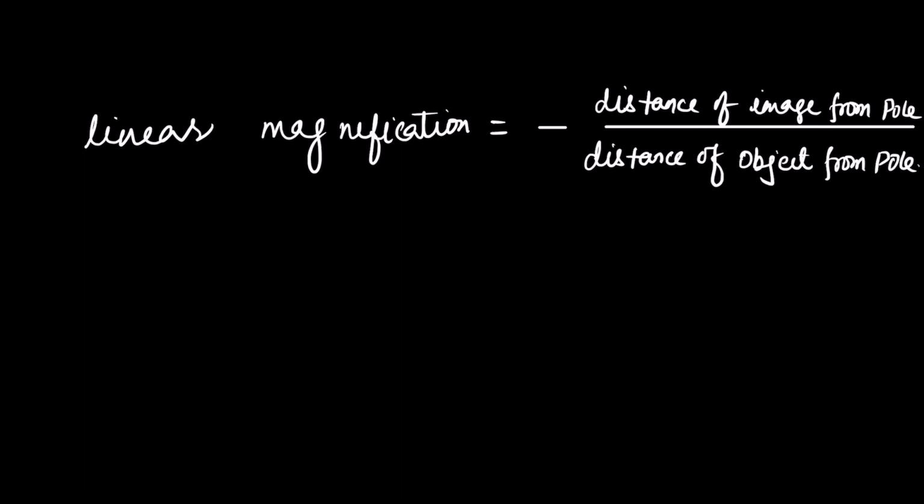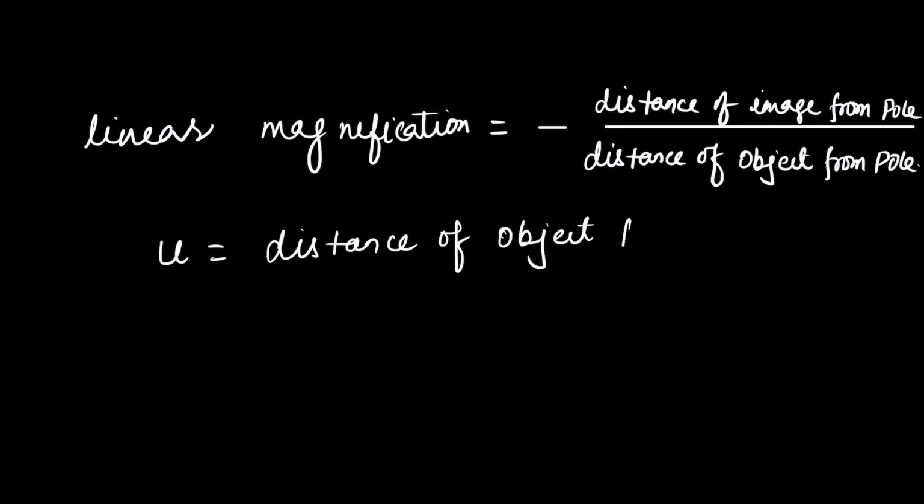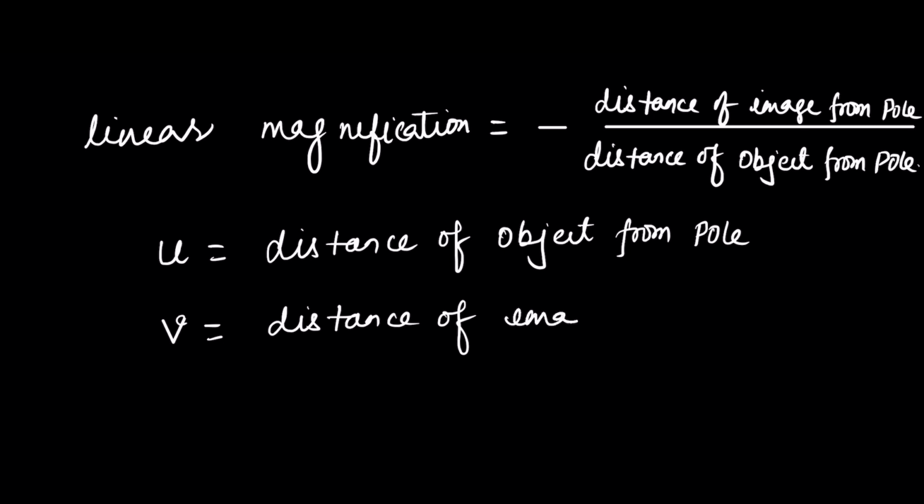So here small u is represented as distance of object from pole and a small v is represented as distance of image from pole. So here m is equal to minus v by u.